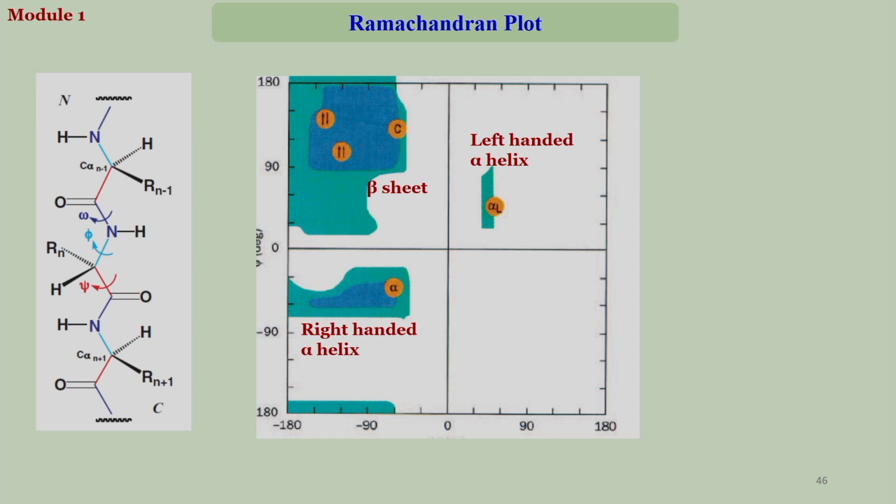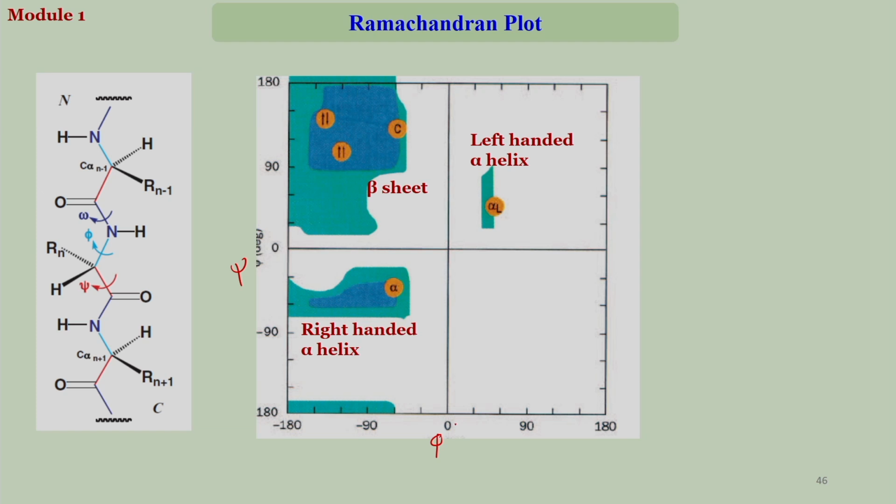If I take an example of a peptide, the same example I have taken, then you will see these are the allowed regions. All the colored regions are the allowed regions. So, for example, this is phi and this is psi.